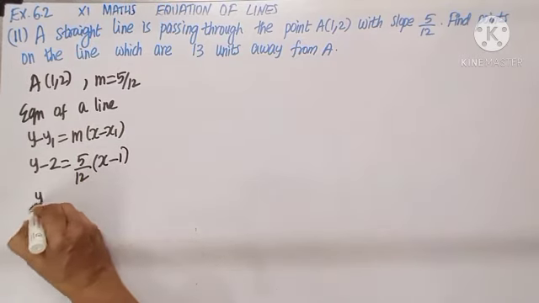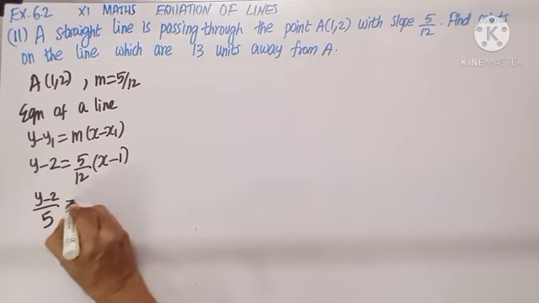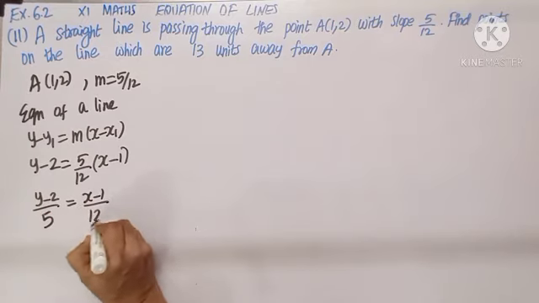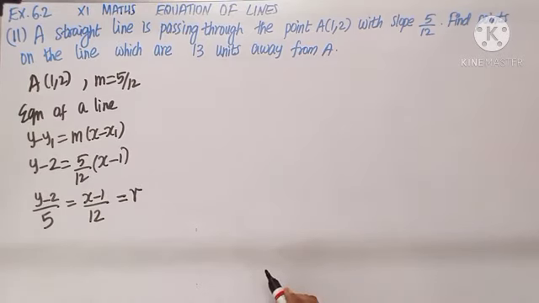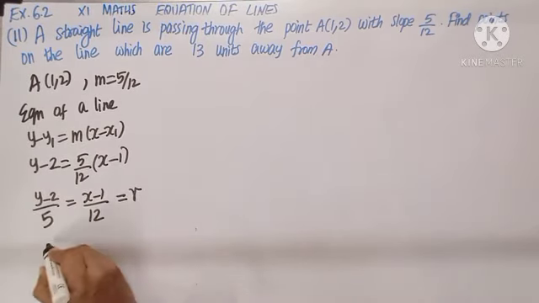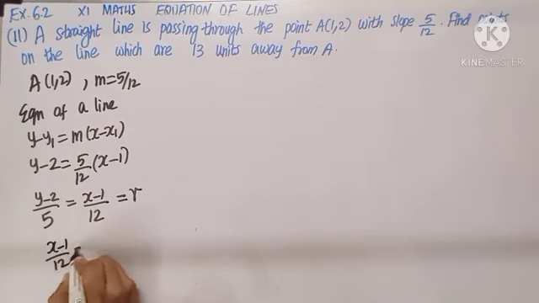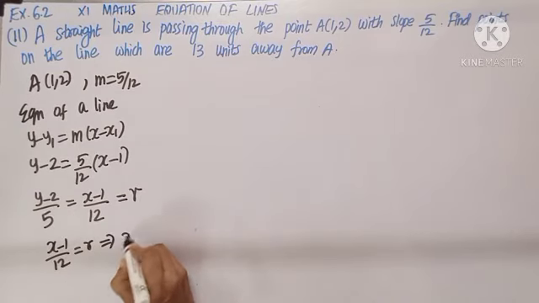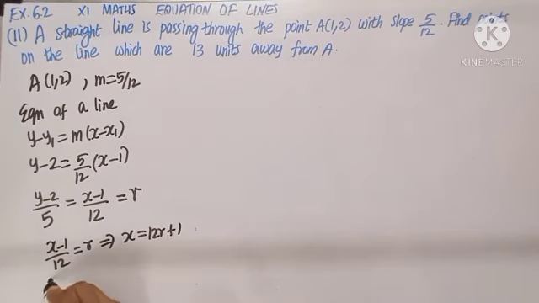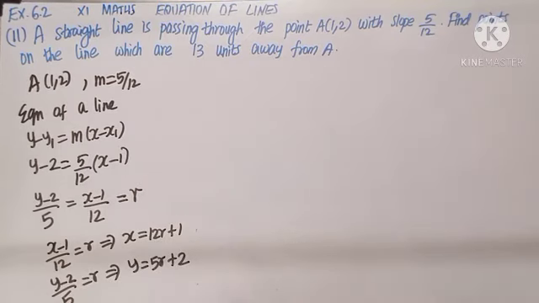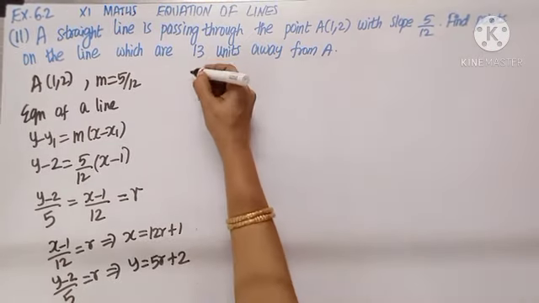As we simplify in this pattern, it is in parametric form, call it R. Now compare these two. (x minus 1) by 12 is R, tells me x equals 12R plus 1. Similarly, (y minus 2) by 5 is R, tells me y equals 5R plus 2.